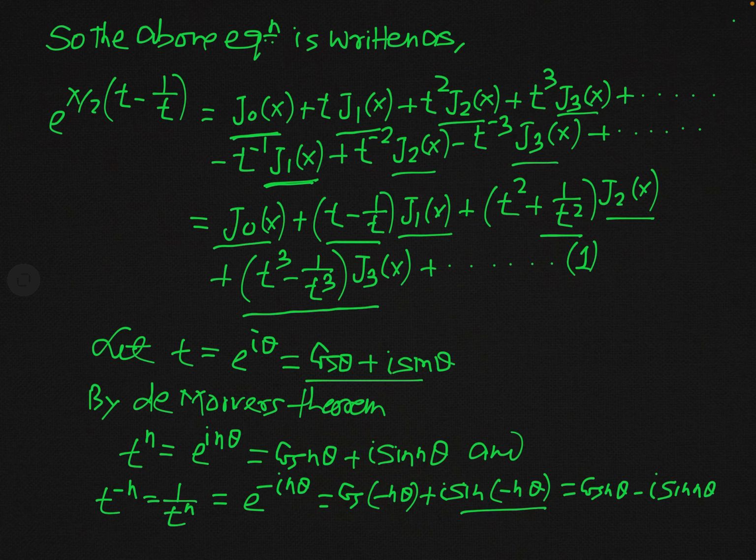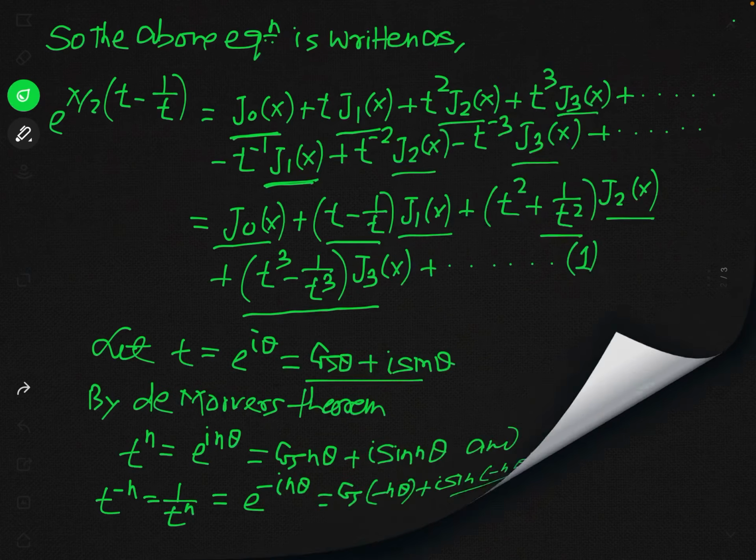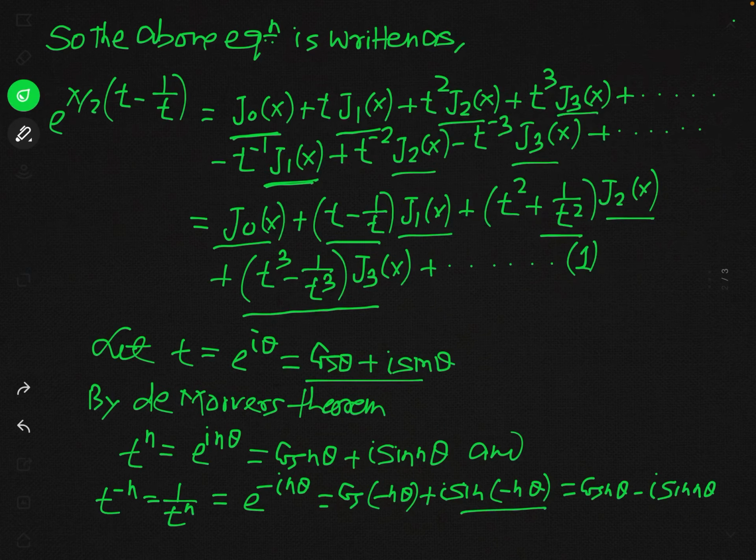So from these two equations, that is for the values of t raised to the power n and 1 over t raised to the power n, we can find all those terms from here. So if we want to calculate t raised to the power n plus 1 over t raised to the power n, then you can see what the term will be, as I have defined these here.